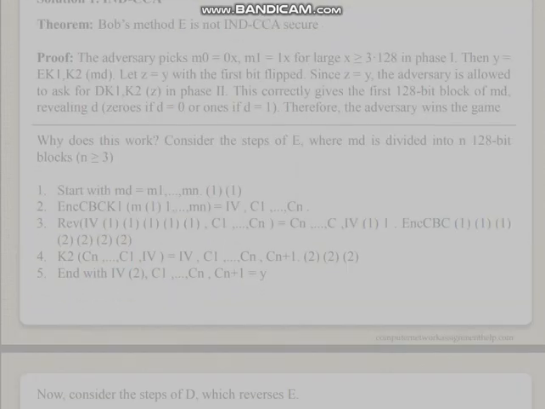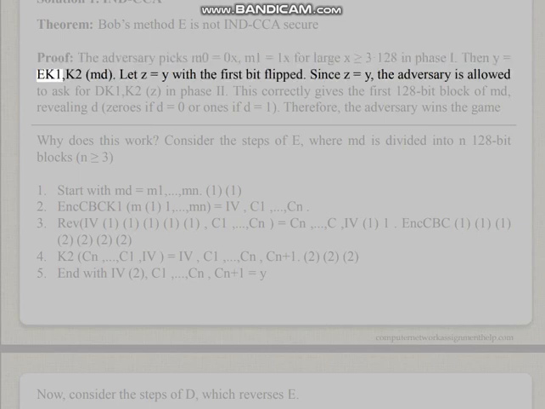Solution 1. IND-CCA. Theorem: Bob's method E is not IND-CCA secure. Proof: the adversary picks M0 = 0^x, M1 = 1^x for large x greater than or equal to 3 times 128 in phase 1.